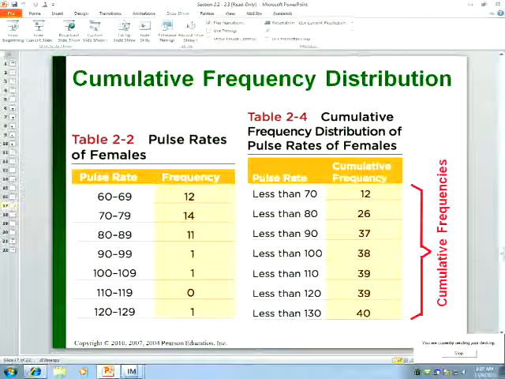Less than 80 would be these 12 people plus these 14 people. Less than 90, just add up all three classes until you get to the very last class, less than 130. Everybody was less than 130. So the cumulative frequency on that last row should include everybody.